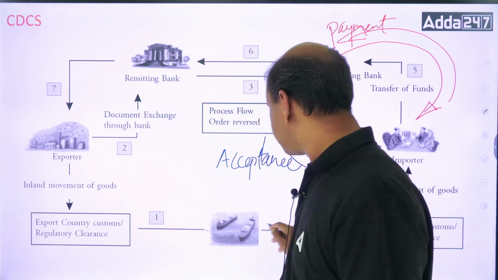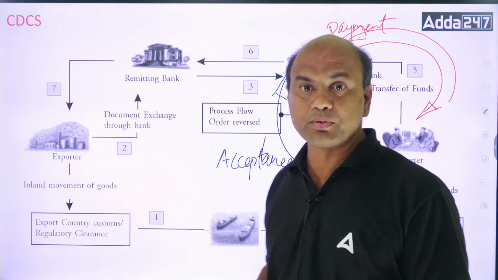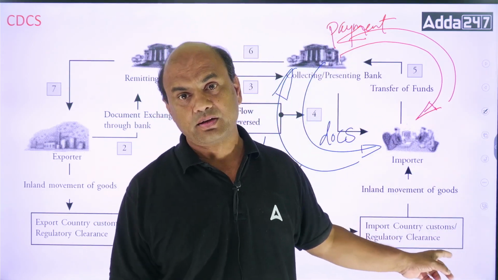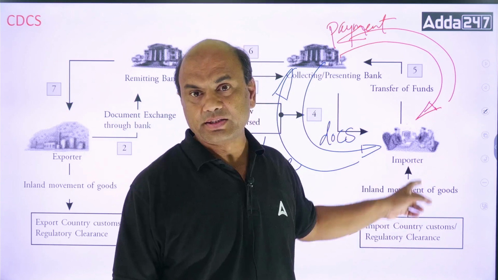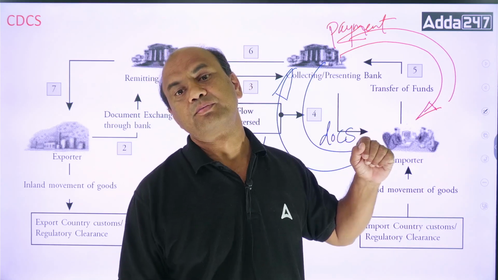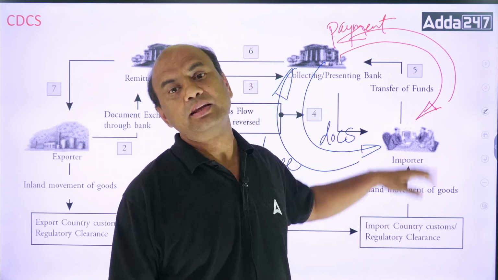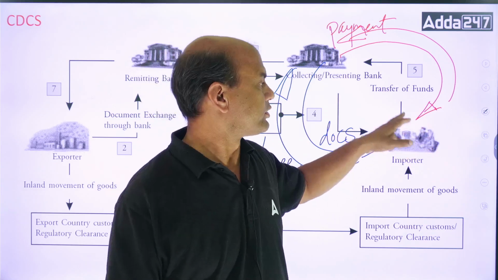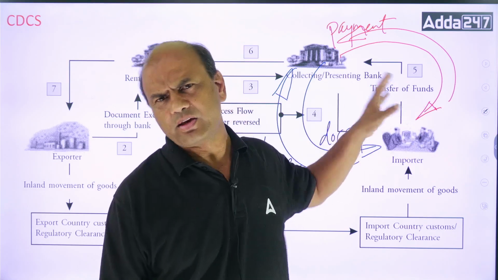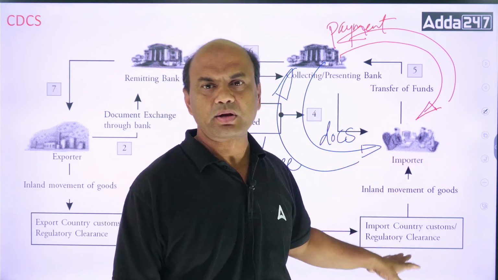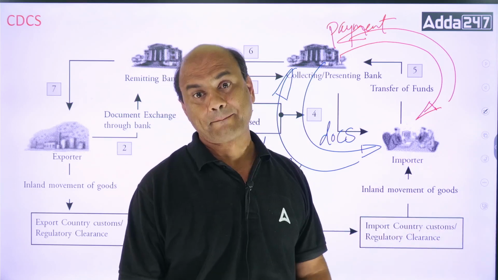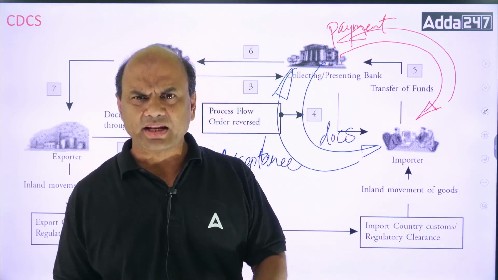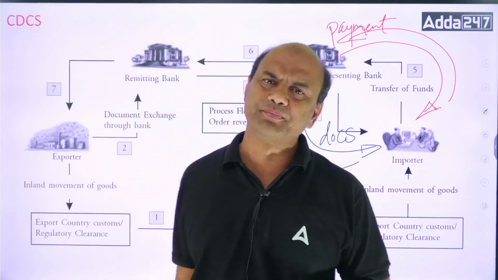Goods have reached his port, so the buyer needs to get the goods out of this port. For that he needs the documents. So he will take these documents, either in DA or DP, go to the port and release the goods. So that is the basic logic of DA and DP.